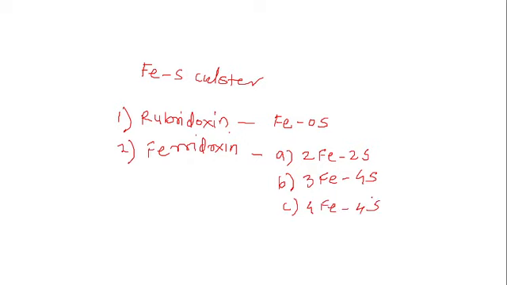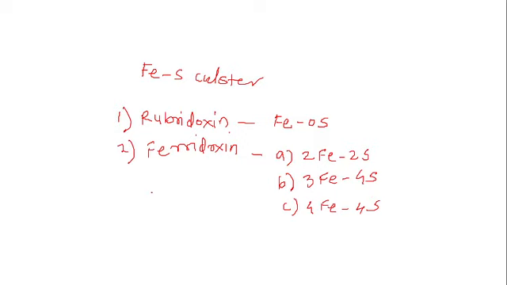Okay, here the FeS clusters have two types, rubredoxin and ferredoxin. Rubredoxin has the example 1Fe and 0S, there is no sulfur, and ferredoxin is divided into three types, 2Fe2S, 3Fe4S and 4Fe4S cluster.